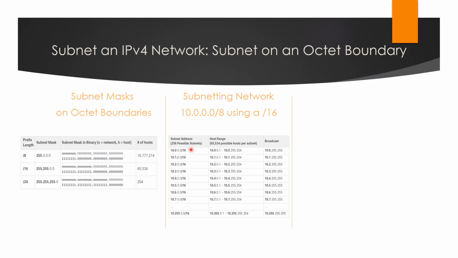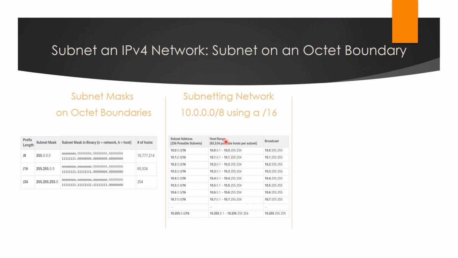And here in the table you can see that it will define up to 256 possible subnets, that will start from 10.0.0.0/16 to 10.255.0.0/16.